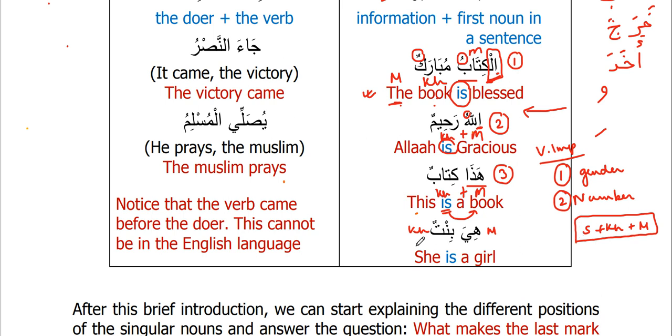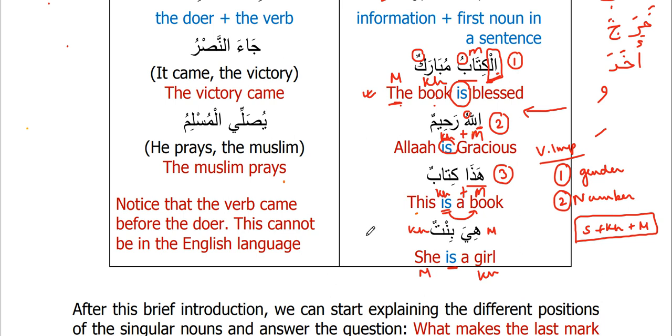You know mubtada and khabar always get a dhamma, and sifa is the mirror image of the noun that it is describing. So you can see the translation. After is the khabar, before is the mubtada. These are all the important points that I have given you about Jumla Ismiya.